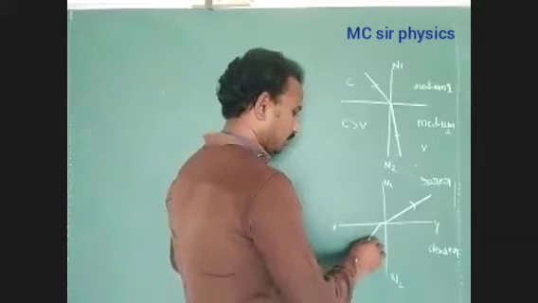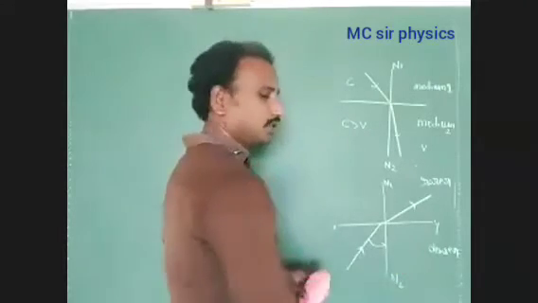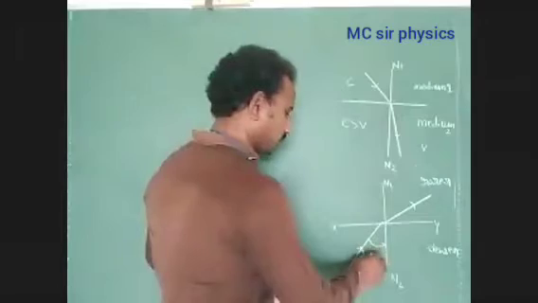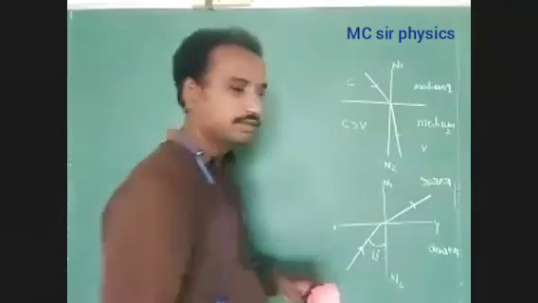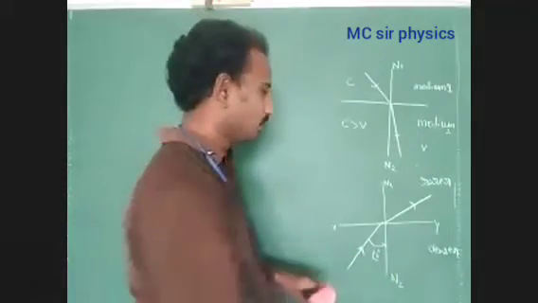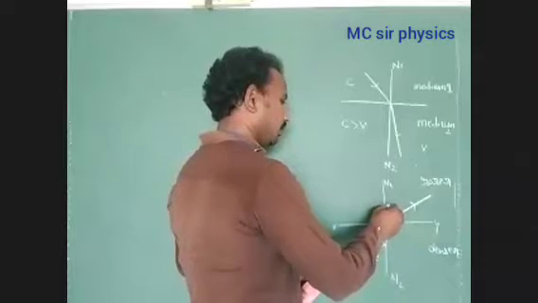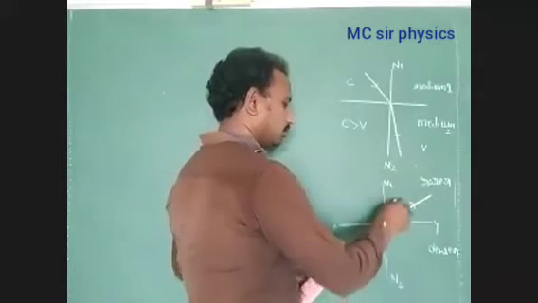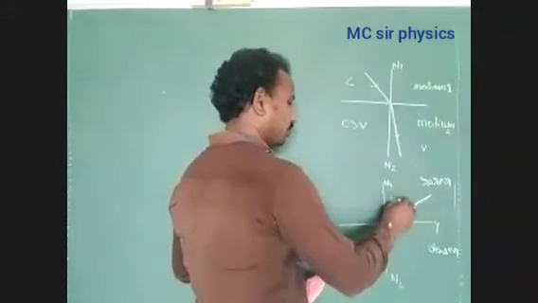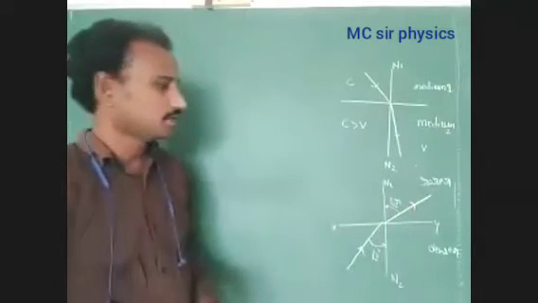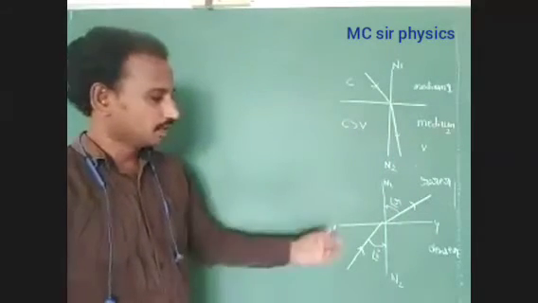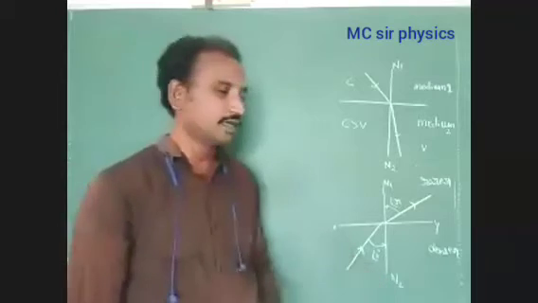The angle between the incident ray and the normal is called the angle of incidence. We represent the angle of incidence as angle i. The angle between the refracted ray and the normal is called the angle of refraction, represented as angle r.